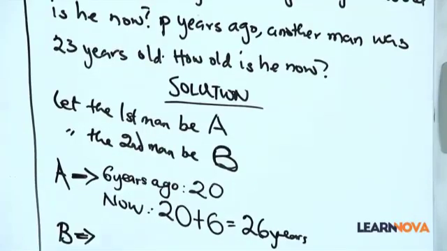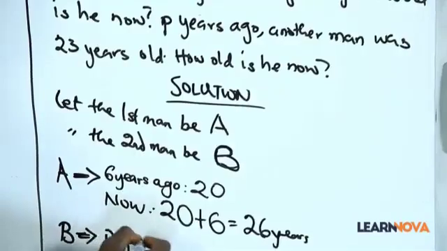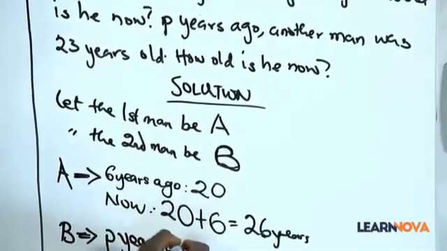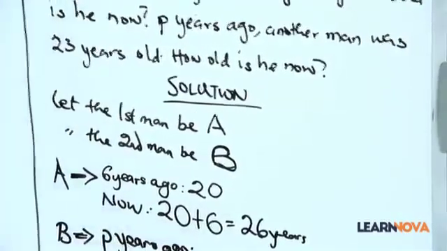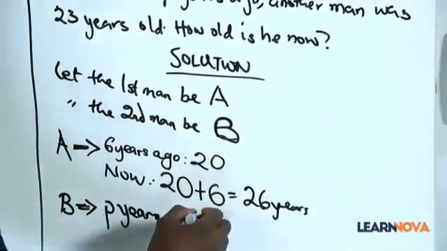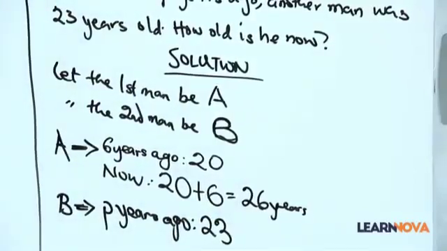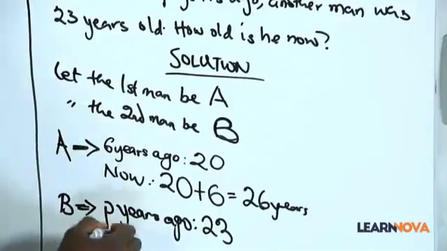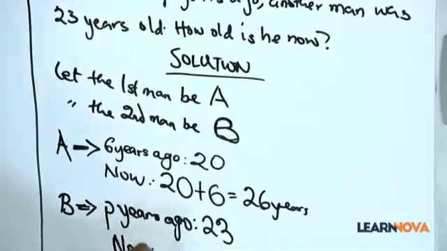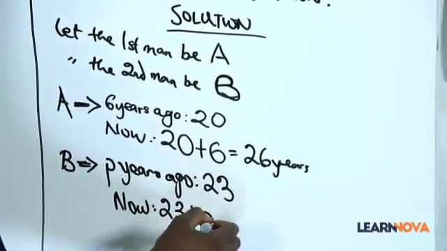Now, P years ago, how old was he? Good, 23. P years ago, man B was 23. Now, how old will he be now? He'll be 23 plus P.